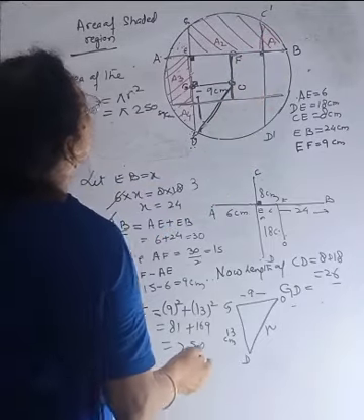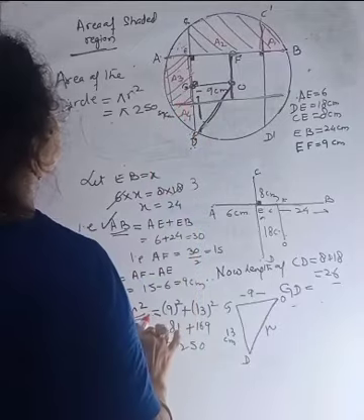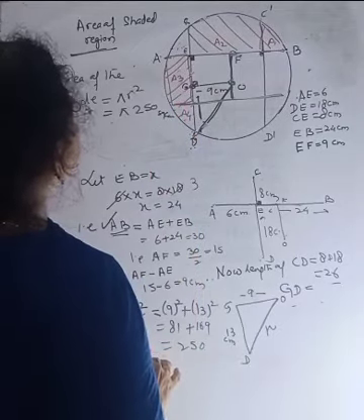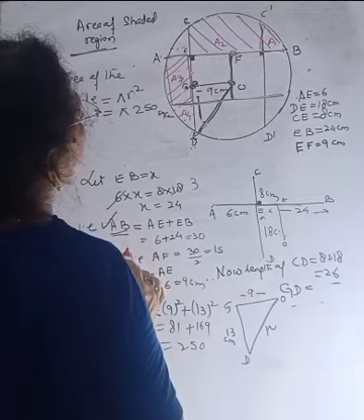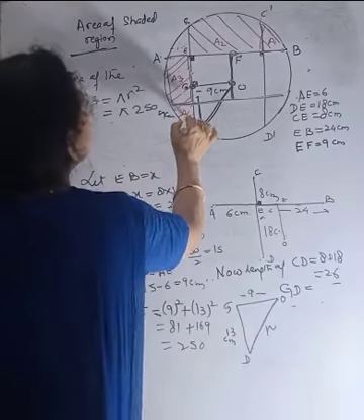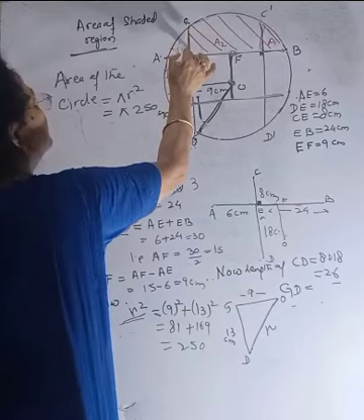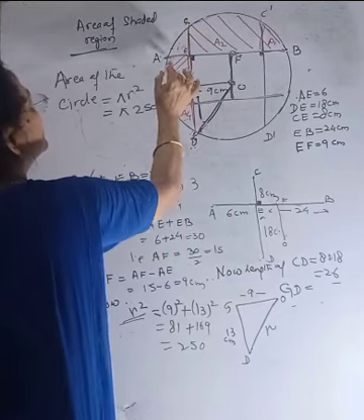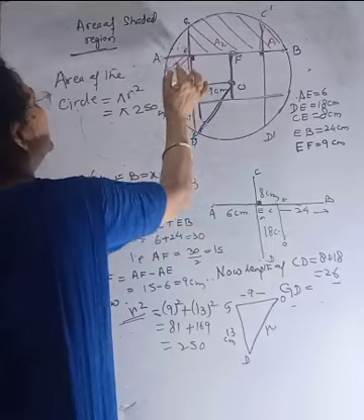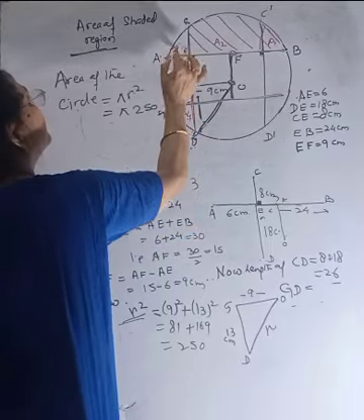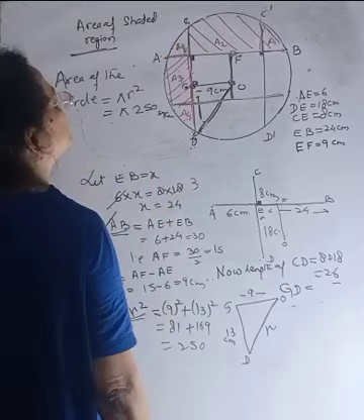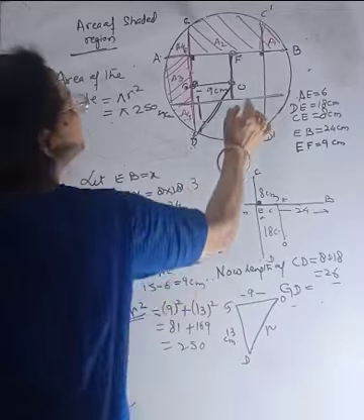Okay. Now we can see it. What we can see? This total A4 will be equal to A4 because this is the chord. This is common area, and this will be automatically equal to A4. Similar is the case. This is A1.